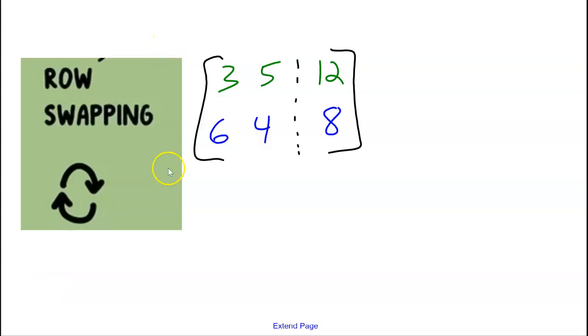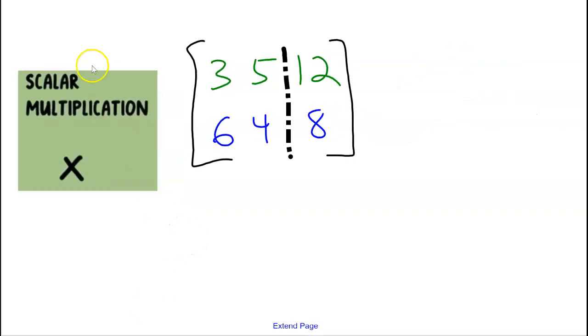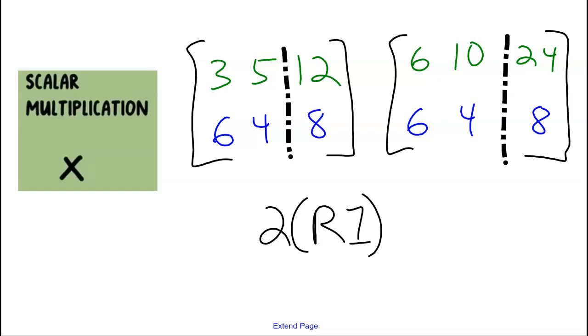Okay, let me explain row swapping. It's pretty simple. You just swap the rows. See how this one's down here and now this one's up here. All right, scalar multiplication. Basically, it's like a regular matrix that you're going to scale up.